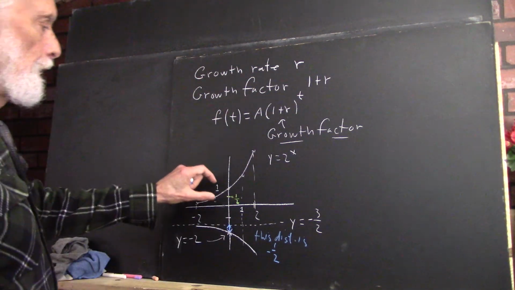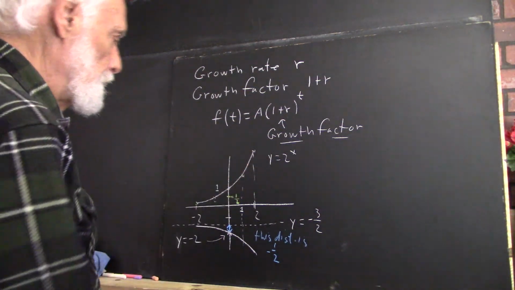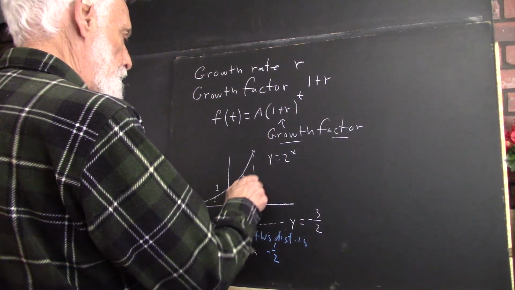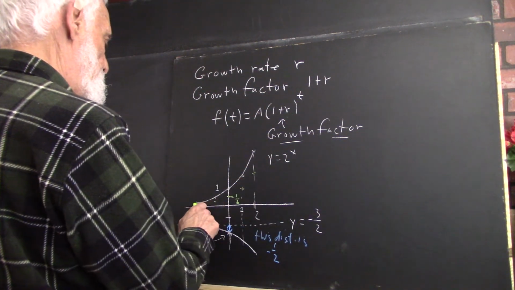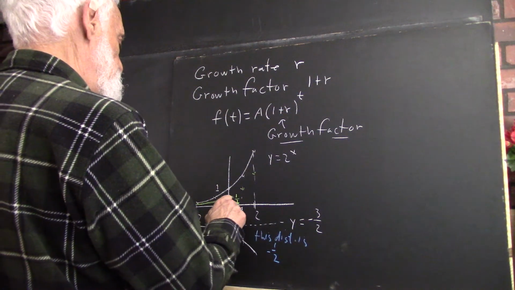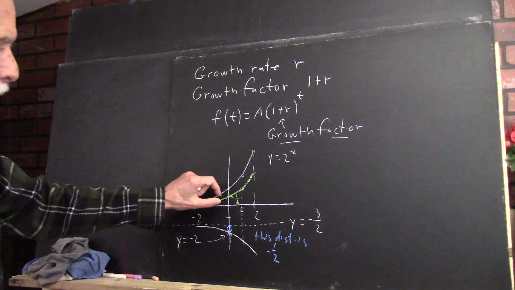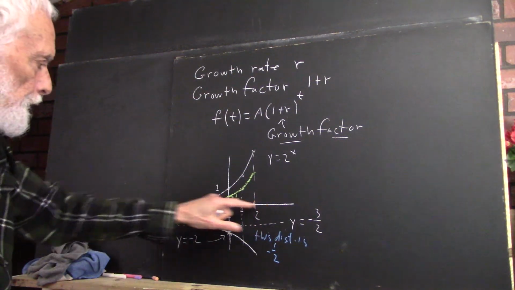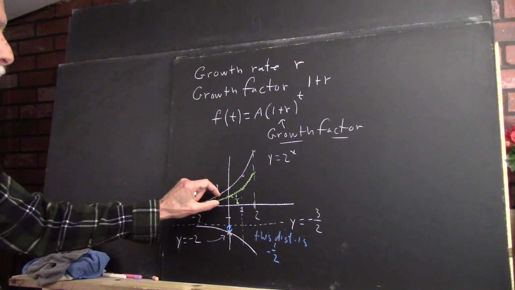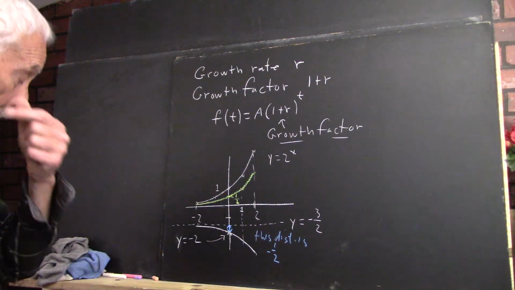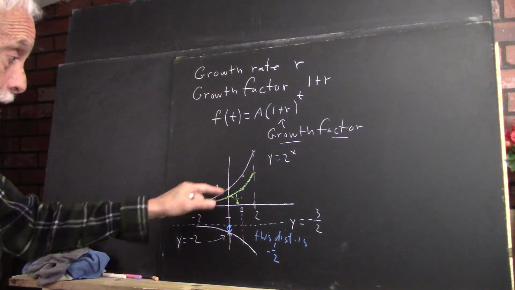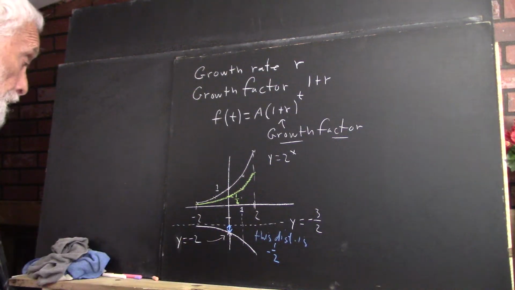Meaning that if you multiply all the y values by 1/2, you're going to get a graph asymptotic to the x-axis whose y-intercept is 1/2. And that's going to be useful in constructing this graph.